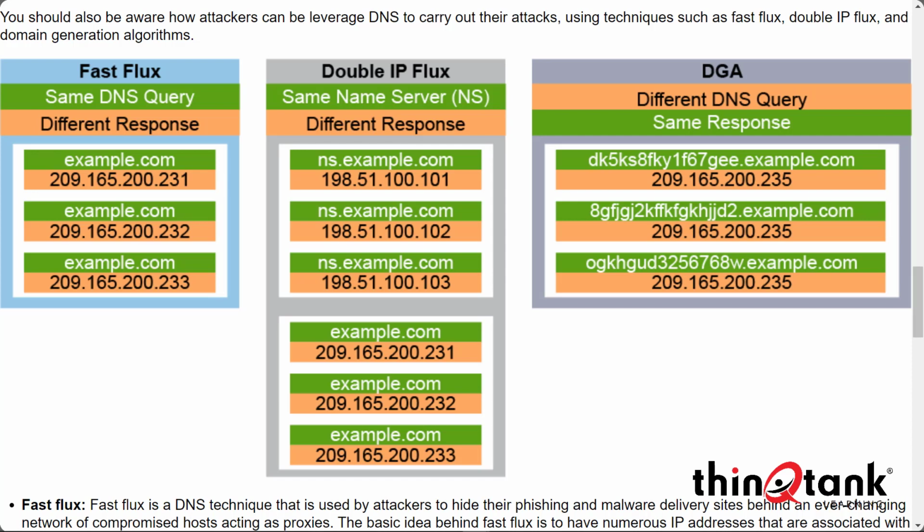All right, and we're talking about potentially thousands or hundreds of thousands of IP addresses tied to a particular domain, so that when one of those particular devices drop, another device will simply take over.